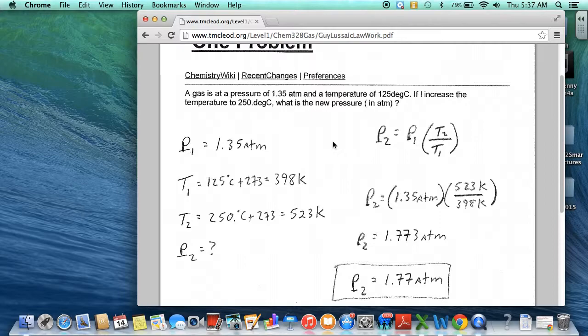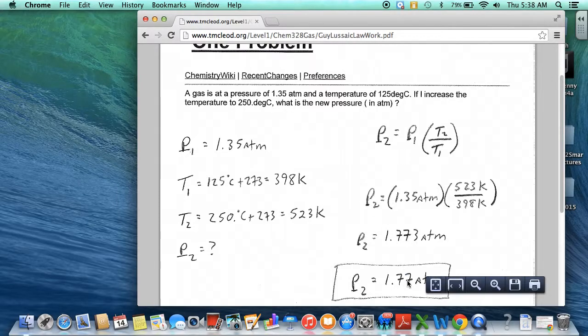Now I picked these numbers because if you look, 125 degrees C to 250 degrees C is actually twice. So if you didn't change your units into K, you would have thought that the new pressure is twice the pressure in atmospheres of the original condition, which would be 2.70.